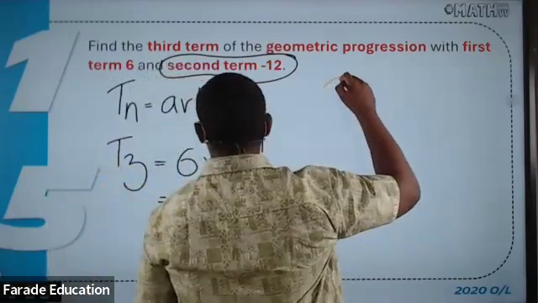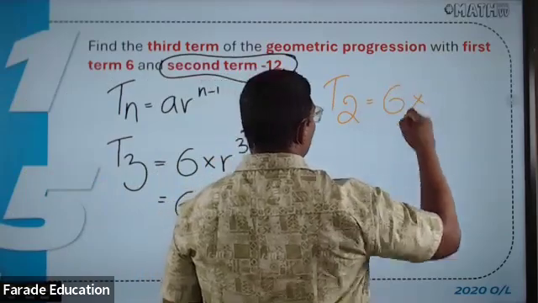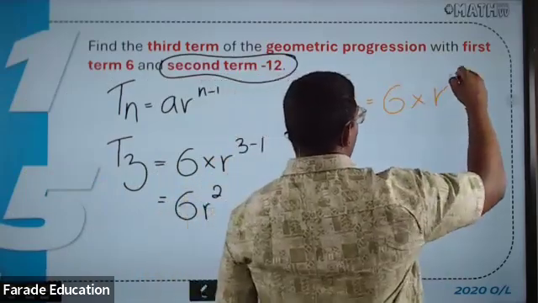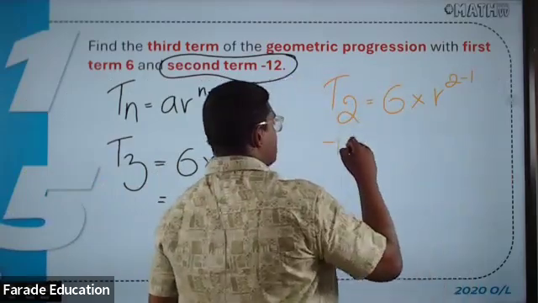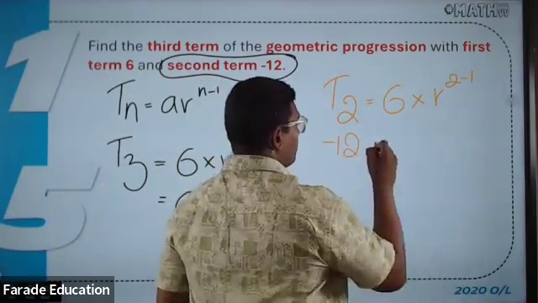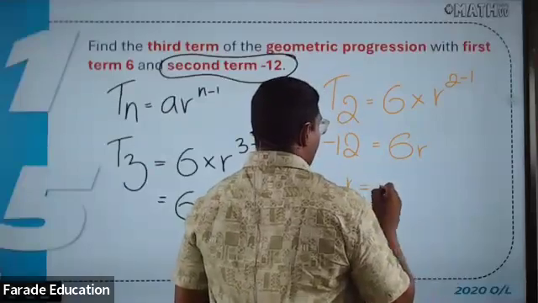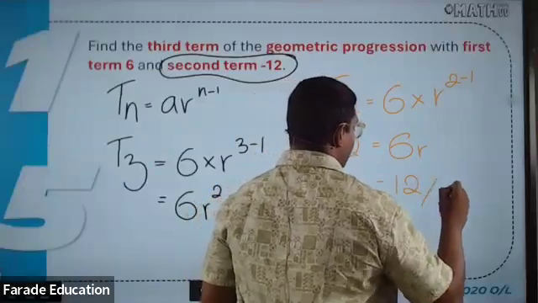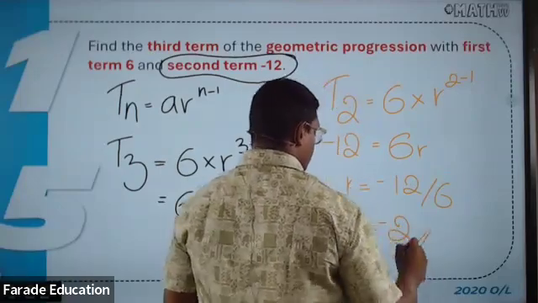So T2 is 6 into r to the power 2 minus 1. But I know T2, the second term, is minus 12. 6r equals minus 12, so r equals minus 12 divided by 6. Common ratio is minus 2.